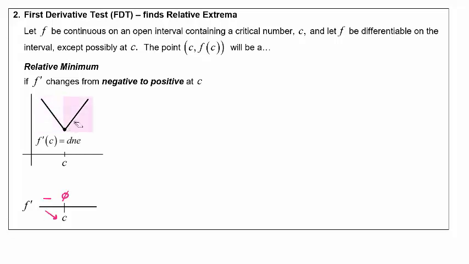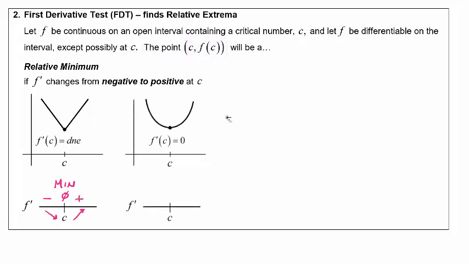After x equals c, we know the derivative is positive because f is increasing. So if f prime changes from negative to positive at c, that's what's happening here, then this is going to be a relative minimum. And the point would be the point c, comma, f of c, which is what we set up here.